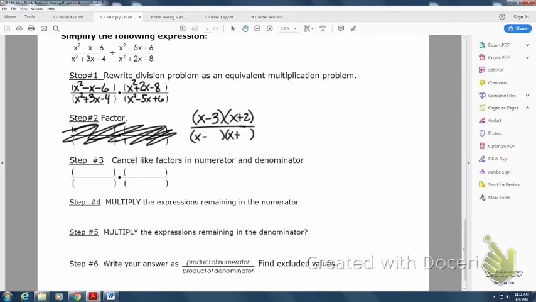So, what factors of negative 4 add up to positive 3? What are some factors of negative 4? 4 and negative 1.